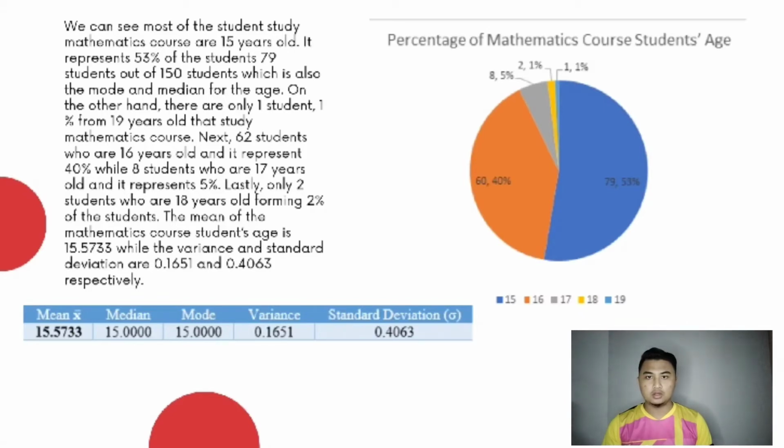Next, 62 students are 16 years old, representing 40%, while 8 students are 17 years old, representing 5%. Lastly, only 2 students are 18 years old, forming 2% of the students.